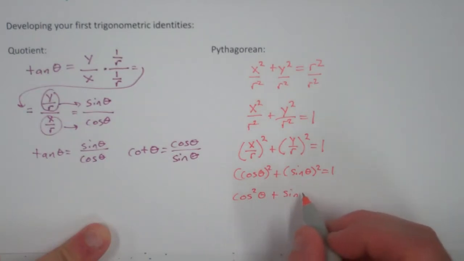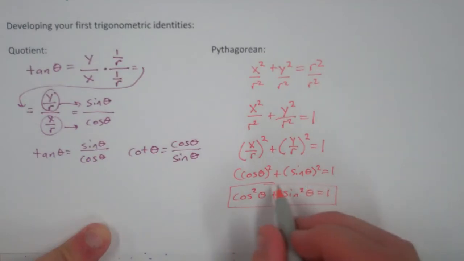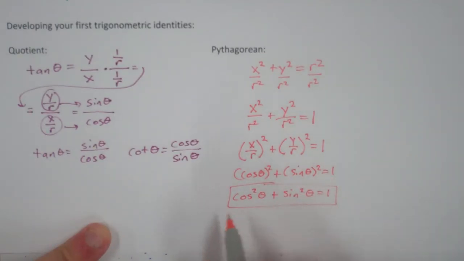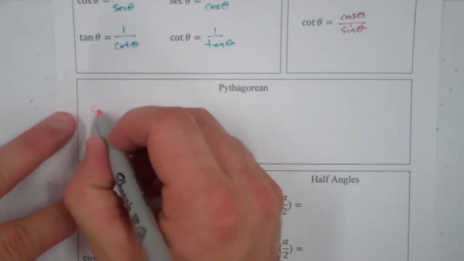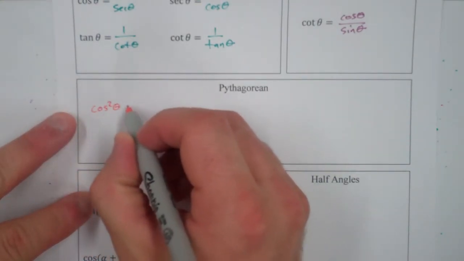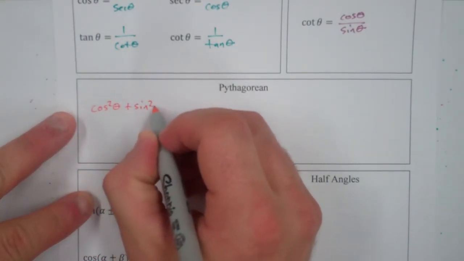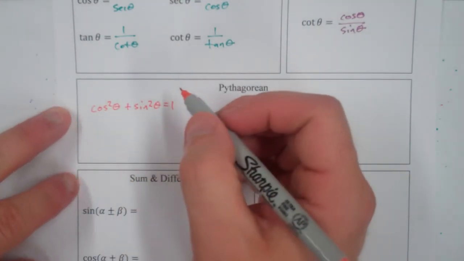So this is cosine squared, and this is sine squared. So right here is the form you're going to see written down. So we can actually fill that in on our Pythagorean trigonometric identities toolkit. We've got the cosine squared plus the sine squared is equal to 1.